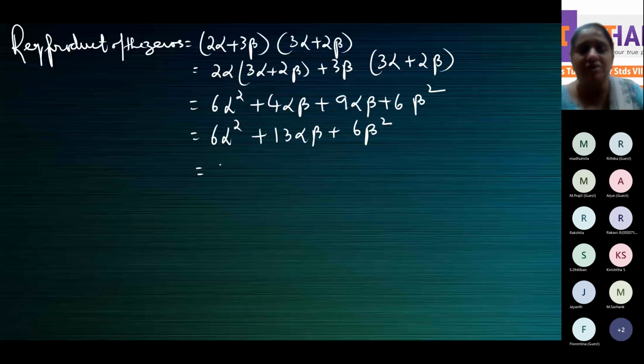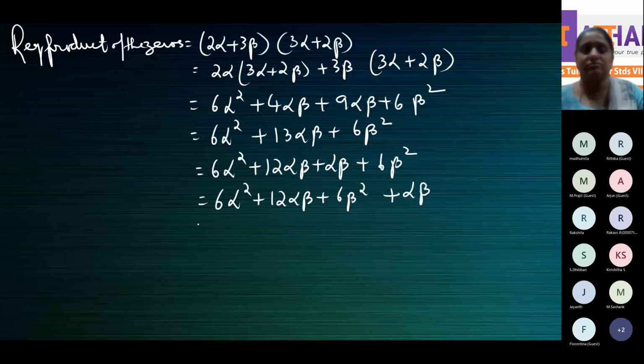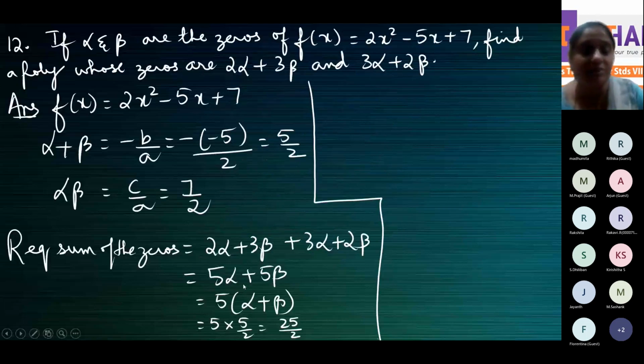So you can write this as 6 alpha squared plus 12 alpha beta plus alpha beta plus 6 beta squared. What is alpha plus beta the whole square?